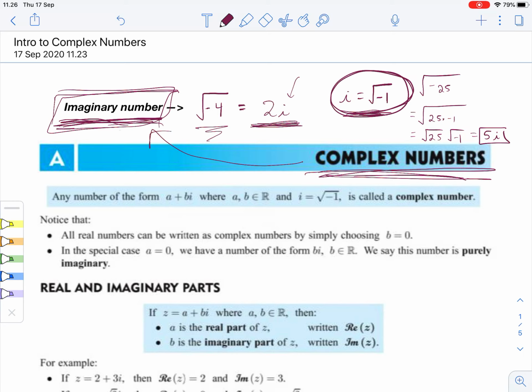A complex number is any number of the form a plus bi, where a and b in this case are just real numbers. Think like 1, 2, 4.2, and i is equal to the square root of -1, which is what we just saw up here.